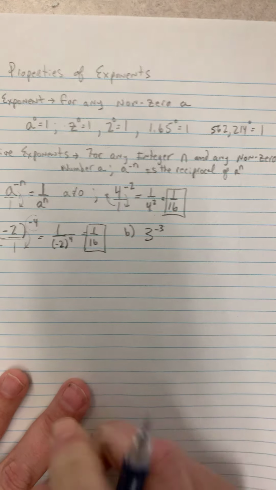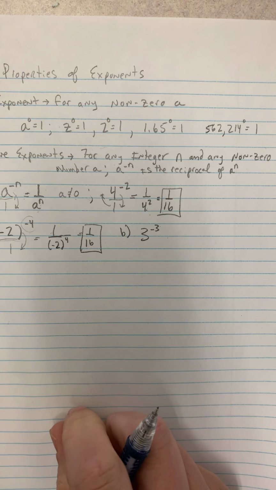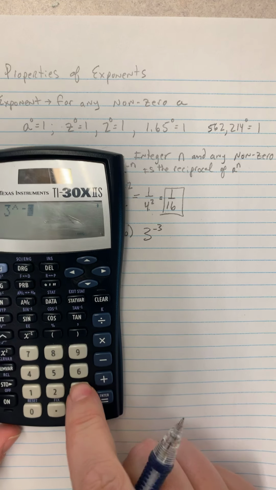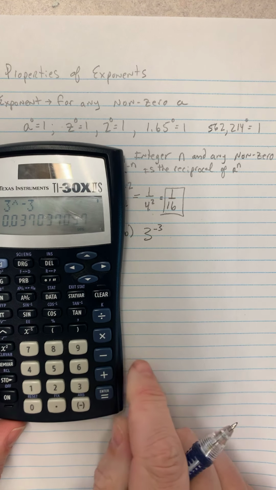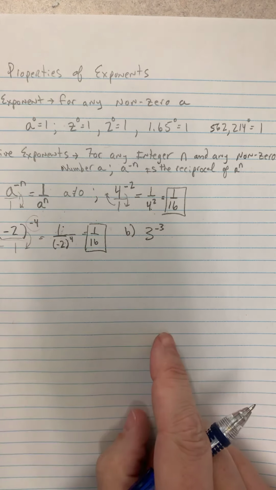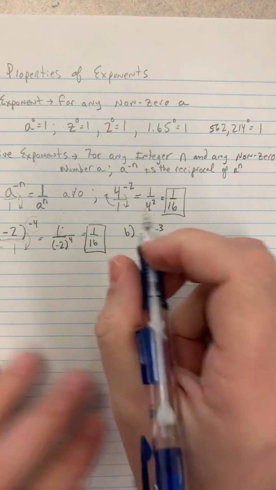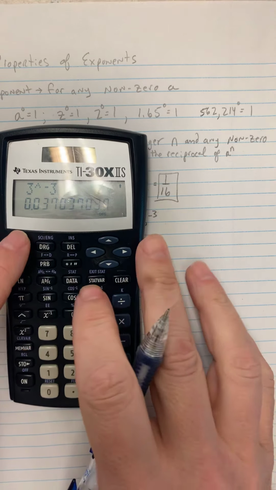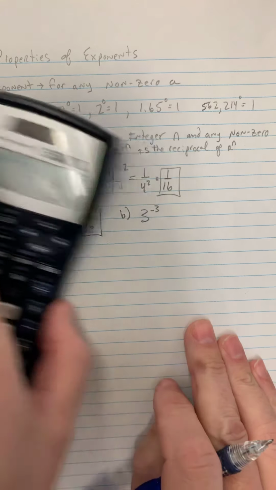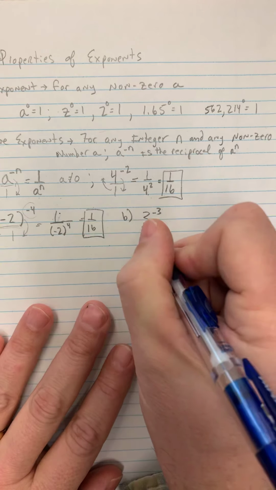Three to the negative 3. And you can certainly take that and put it into your calculator, and it will give you that decimal answer, but that is certainly not what we're looking for. I could take that answer and turn it into a fraction, and it tells me it's 1/27th, but this is why.